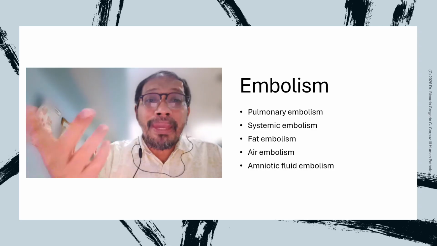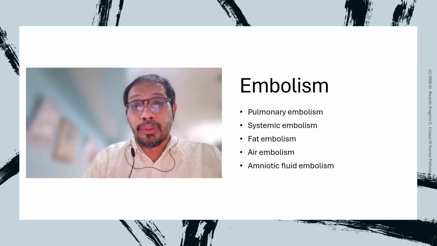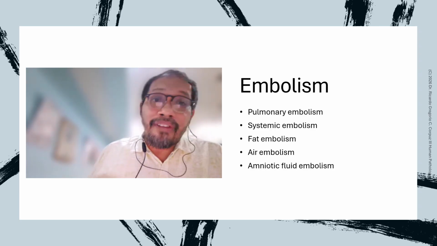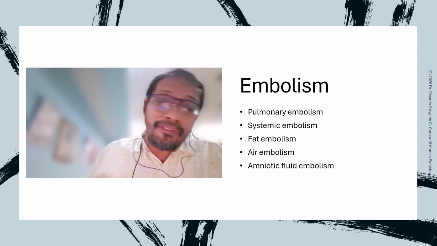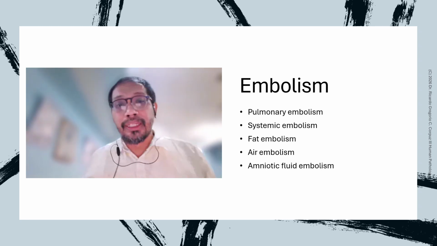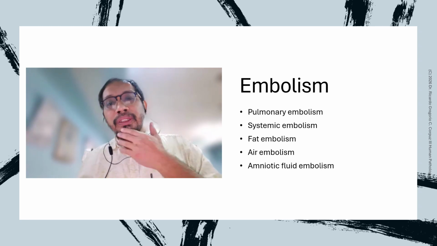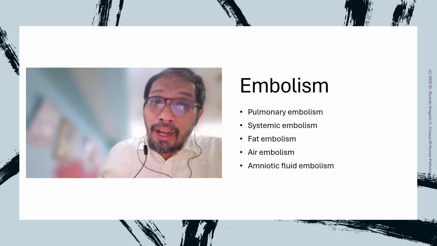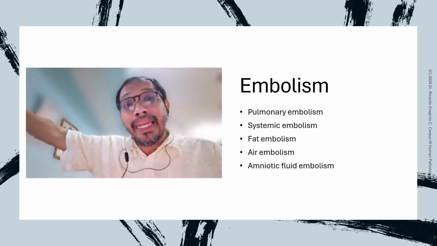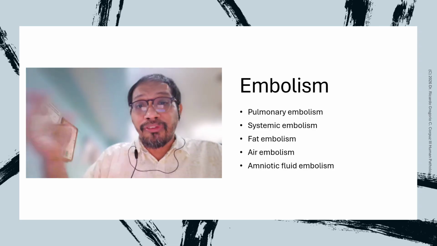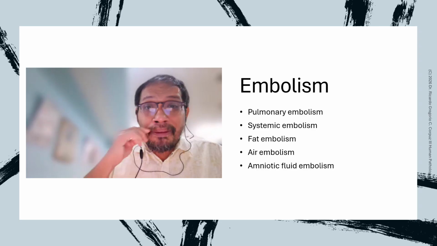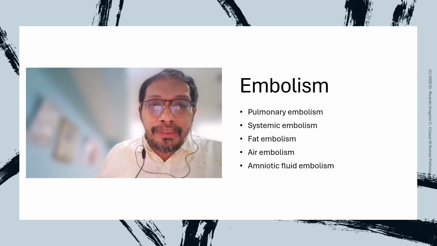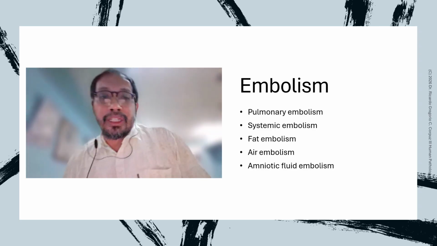Small emboli may be clinically silent, but larger ones can obstruct major pulmonary vessels, causing acute right-sided heart strain, severe hypoxia, or sudden death. Recurrent small emboli can lead to pulmonary hypertension and chronic right heart failure. So this spectrum from asymptomatic to fatal illustrates that pulmonary embolism is a major cause of morbidity and mortality in hospitalized and immobilized patients.